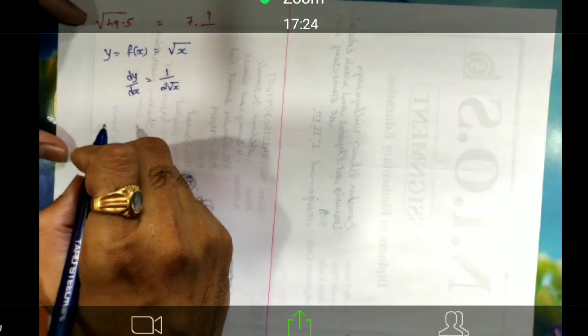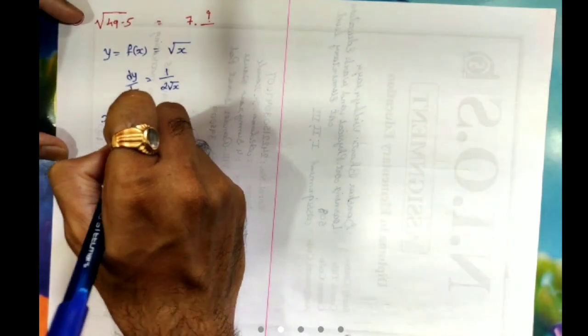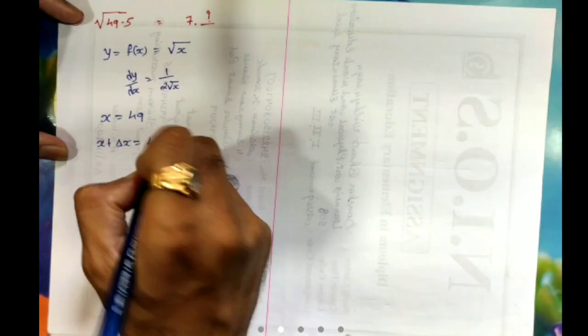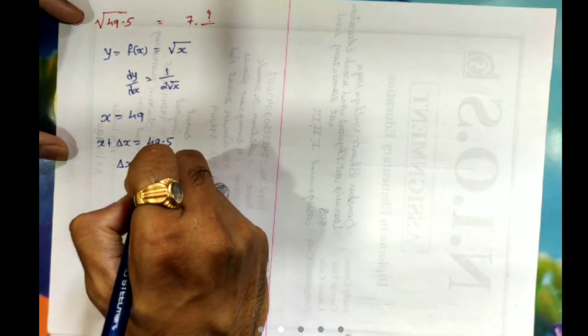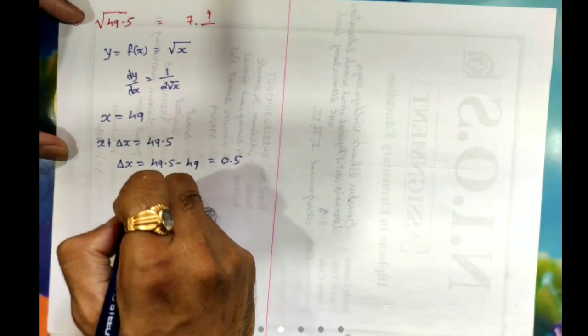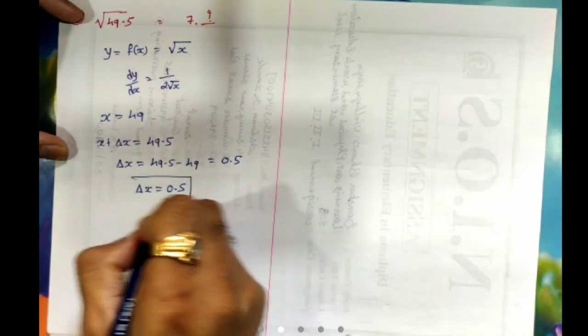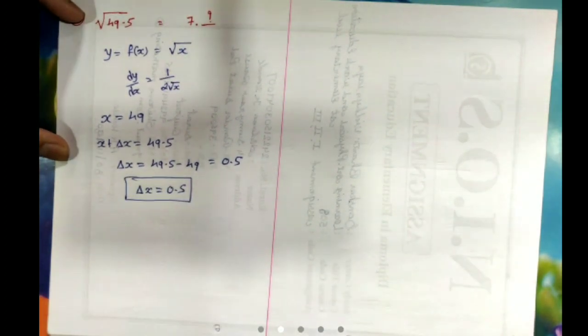Now next step, we have to find our perfect x and x plus delta x. So our perfect x is a perfect square number, which is 49, and we can say that our x plus delta x will be equal to 49.5, and therefore our delta x will be 49.5 minus 49, and that is equal to 0.5. So delta x will be 0.5.